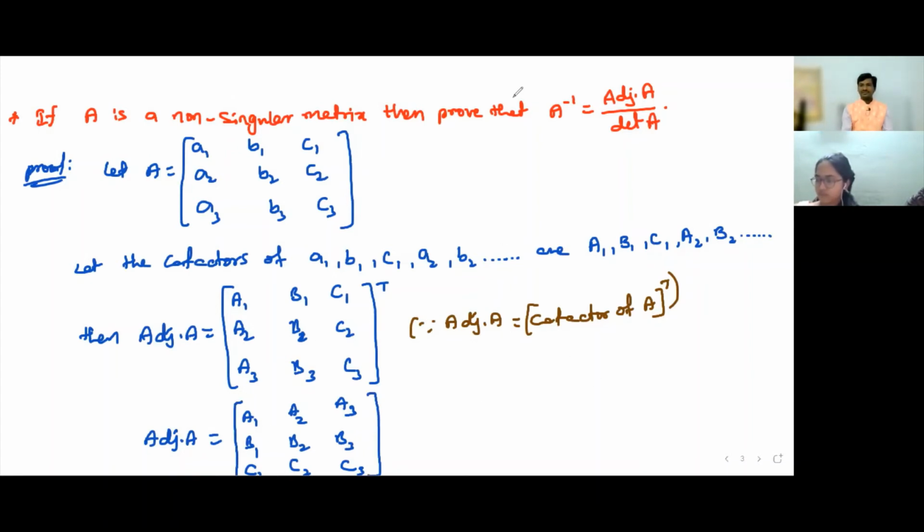Okay, so now we multiply. So A into adjoint A, I am finding the product of A into adjoint A. Here the first matrix has rows a1, b1, c1; a2, b2, c2; a3, b3, c3.